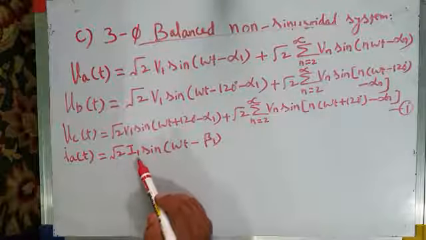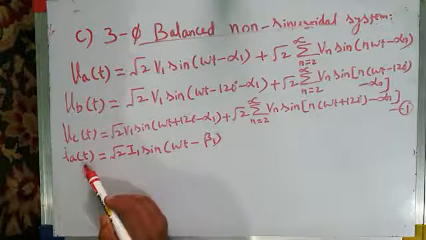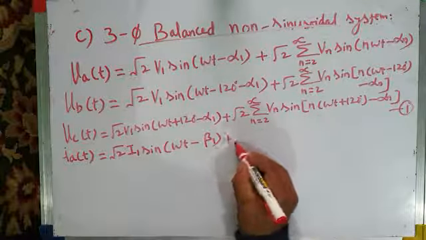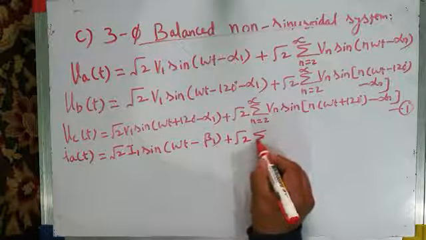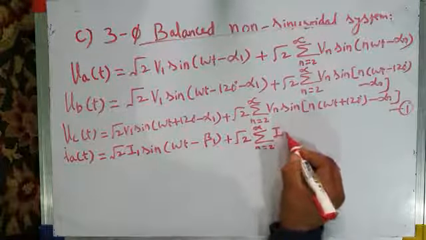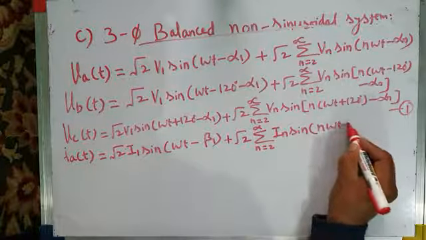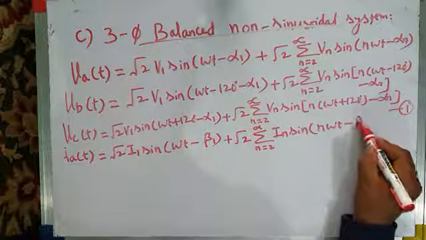So this is root 2 I1 sine of omega t minus beta 1. This is the fundamental component of line current iA, plus then there will be harmonics: root 2 summation n equal to 2 to infinity In sine of n omega t minus beta n.